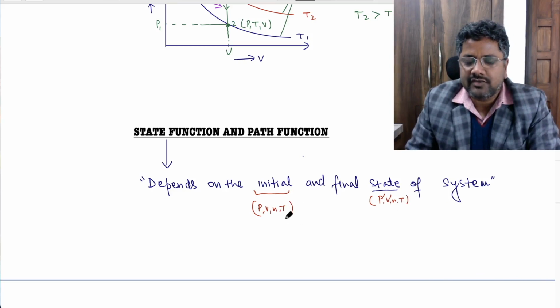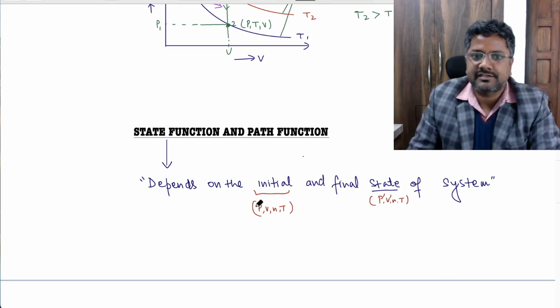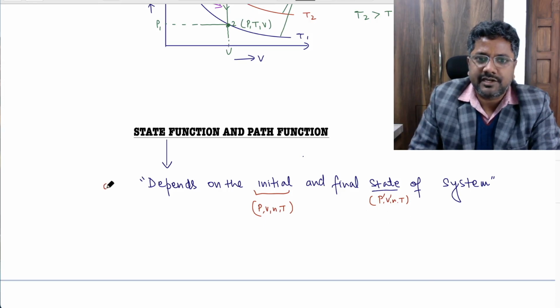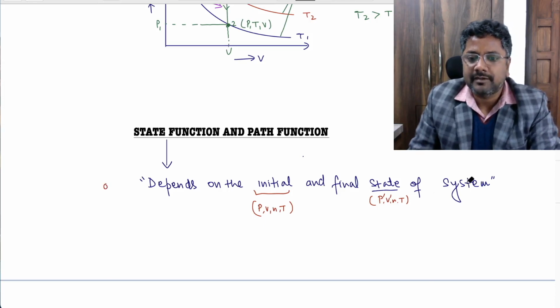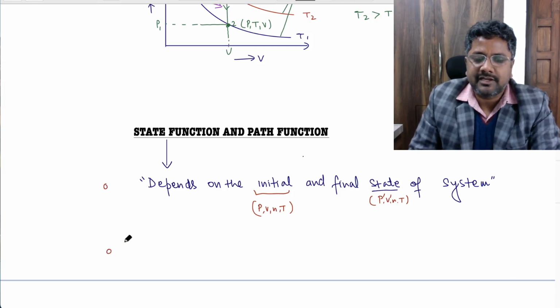So if any function depends on the initial value of P, V, and T and the final value of P, V, and T, then that is known as a state function. This is one meaning. Another meaning is mathematical meaning, that state functions are exact differential.